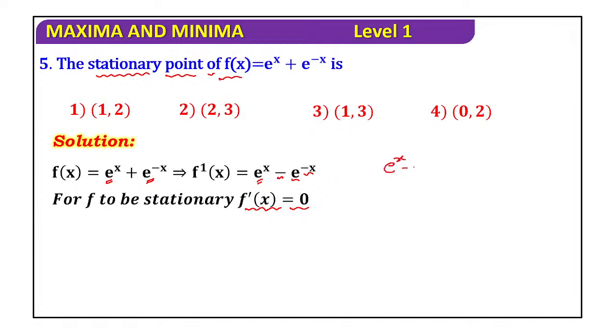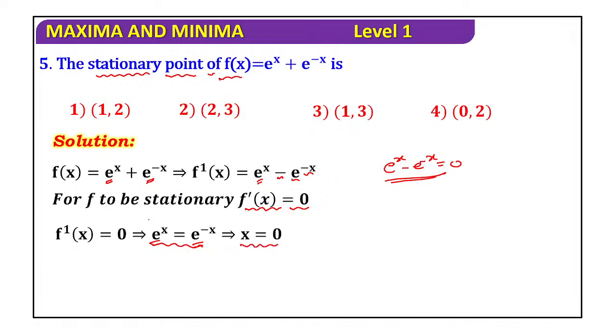That means e raised to x minus e to the power of minus x must be equal to 0. If you solve this, you will get e raised to x equal to e to the power of minus x. So from this equation, x equal to 0. Only this is possible.